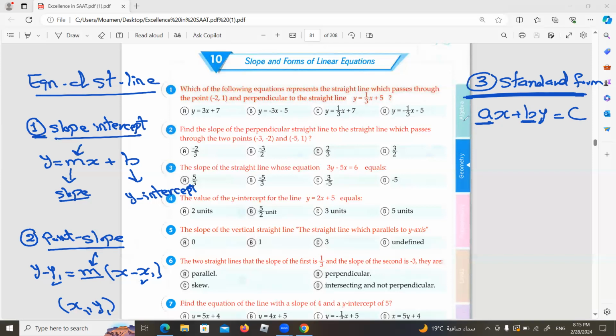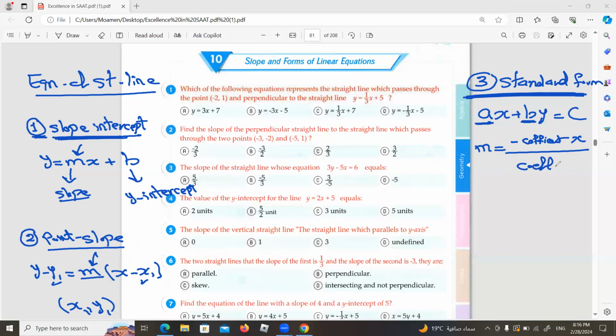You can change this standard form to the slope-intercept form and work from there, or do it directly. Directly means, pay attention to this remark, please: you take negative the coefficient of x over the coefficient of y.